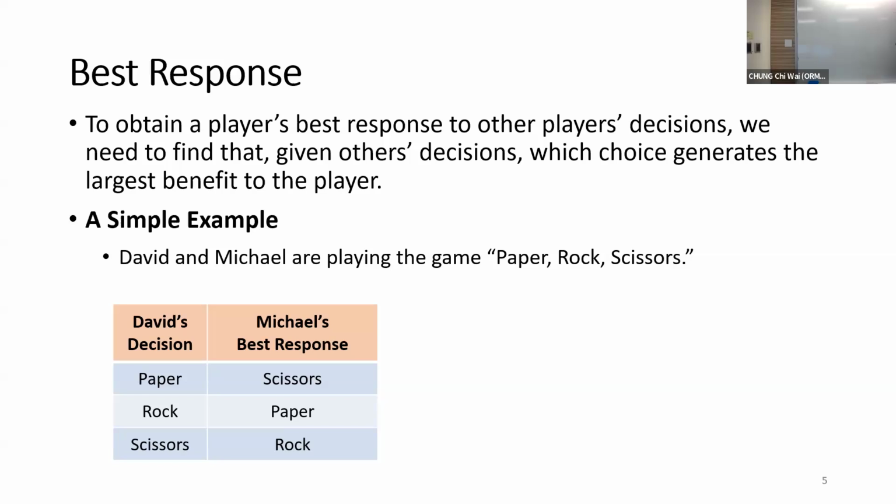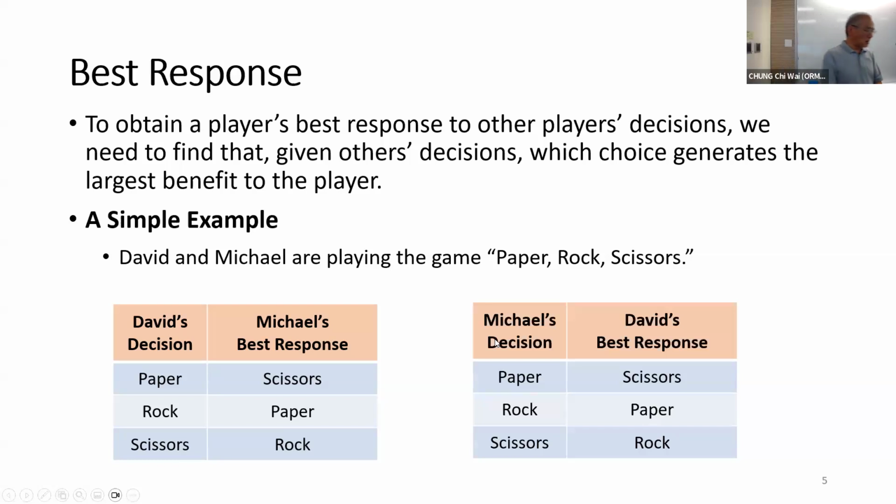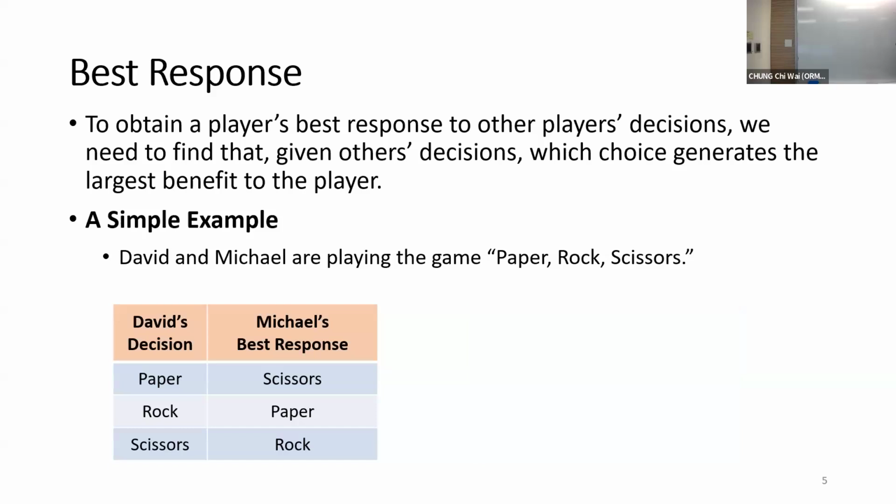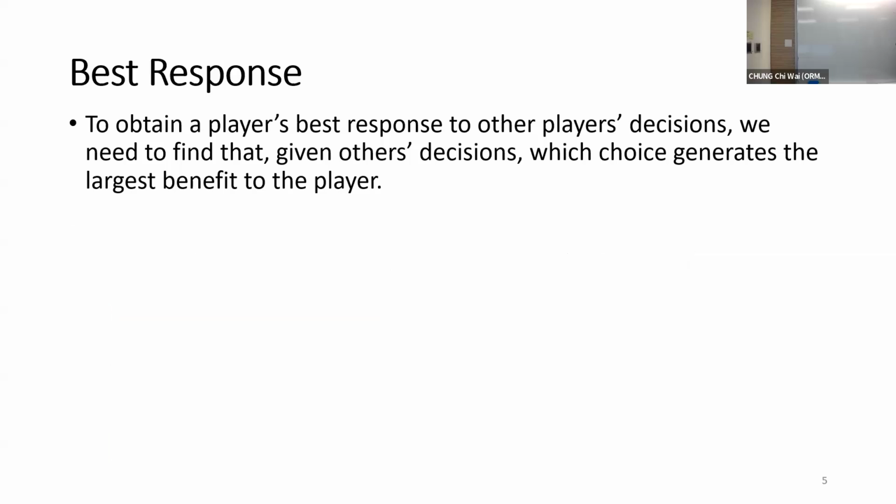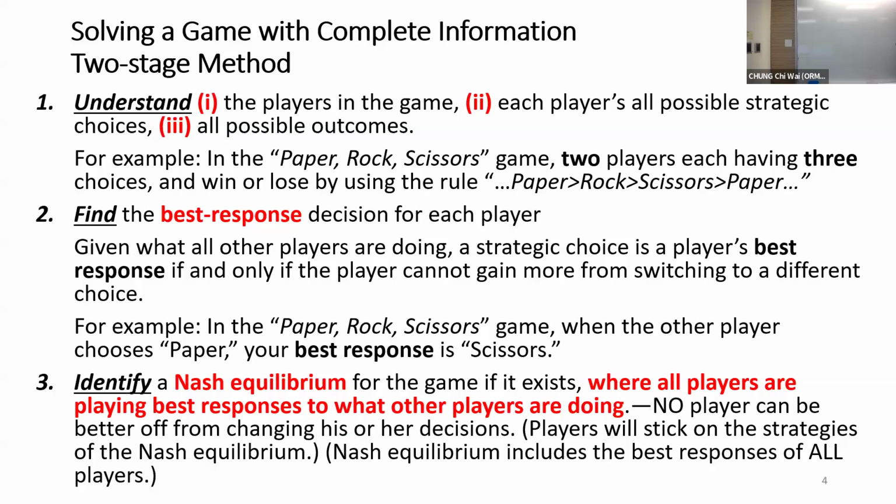Similarly, we find the best response of Michael to the decision made by David. So consider this game, and we identify the couple. Let's go back to the previous slide. So now I give the formal name of these couples.